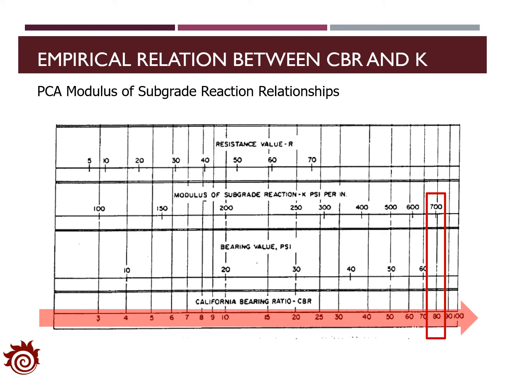Also, in general, with higher CBR values, the modulus of subgrade reaction would be larger. However, it would be very hard for us to find a well-defined model to describe the relationship between CBR and modulus of reaction. It all comes from the empirical data only.